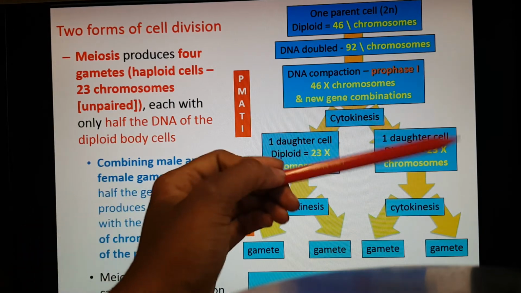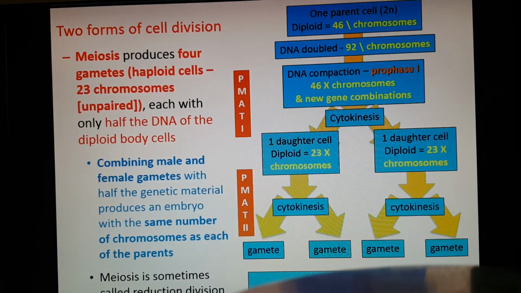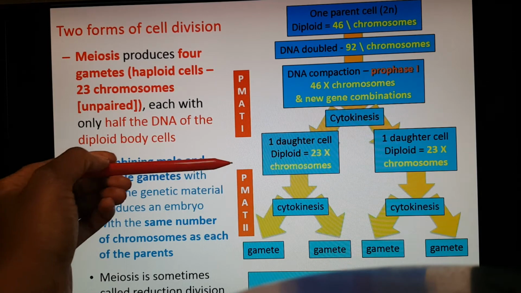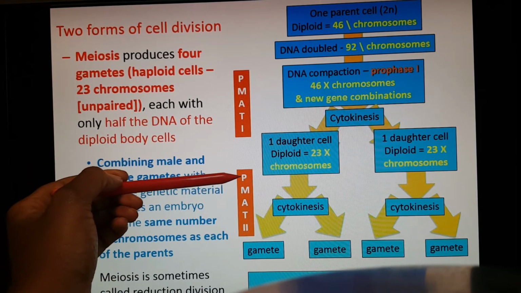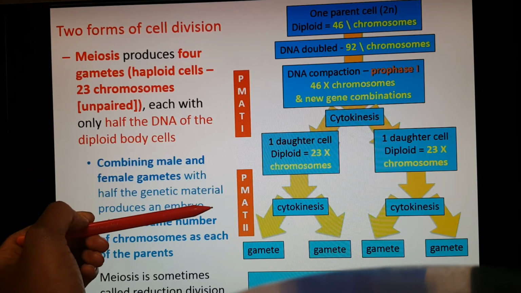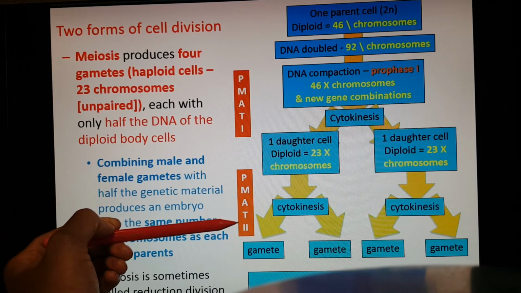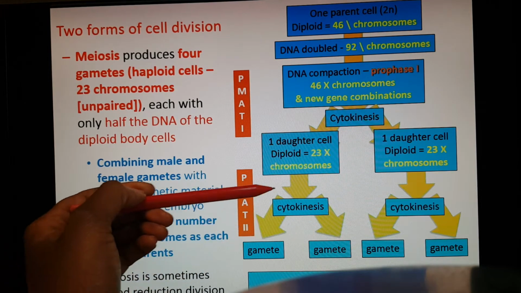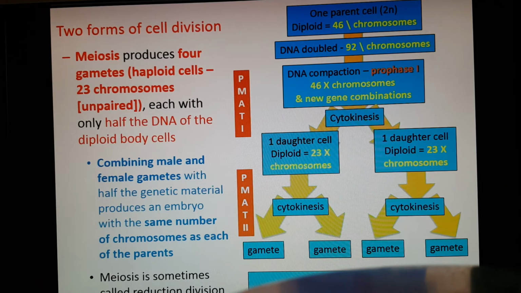So we have two cells here. Then for the next step in meiosis, it goes through those mitosis-like steps again. So prophase 2, metaphase 2, anaphase 2, telophase 2, ending up in cytokinesis, where you produce your 4 gamete cells. Again, this depends on whether or not you're in the female or male reproductive system, but since we're talking about the male one, we make 4 gametes, so our 4 sperm cells.